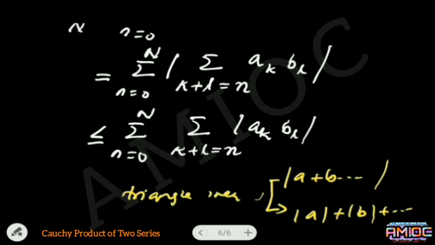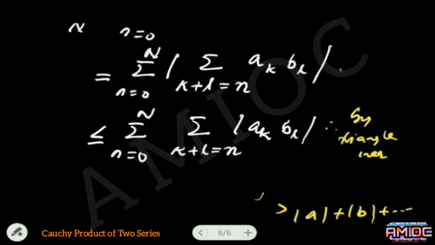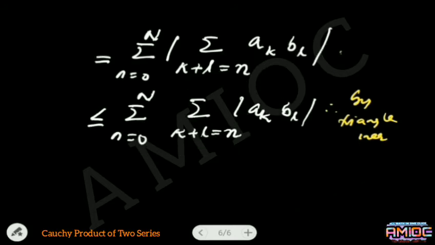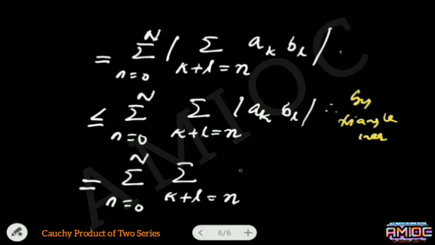Here the modulus of a sum of numbers, by the triangle inequality, can be bounded by the sum of the moduli of each number. Therefore, by the triangle inequality, that is equal to summation n equal to 0 to n of summation k plus l equal to n of mod ak times mod bl, since mod ab equals mod a into mod b.